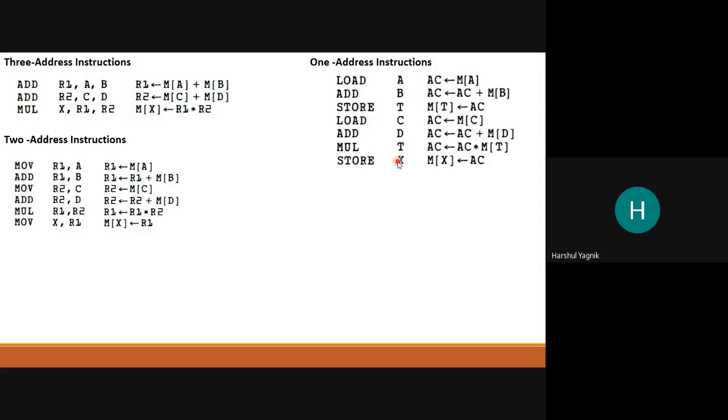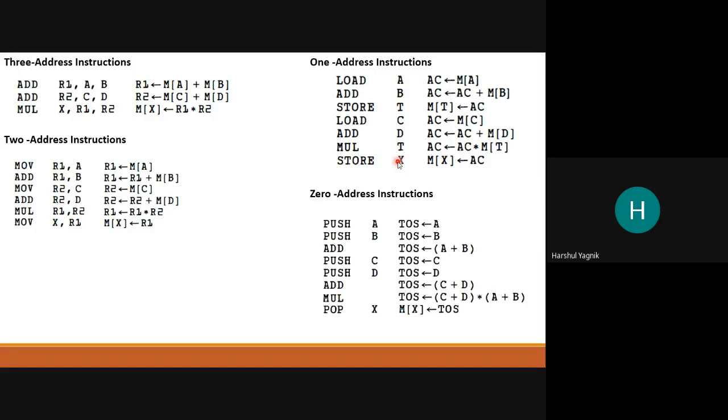So the same task is done by one address instructions. Remember, the instructions which use fewer addresses actually require less program memory, but for executing one equation, we require more instructions.